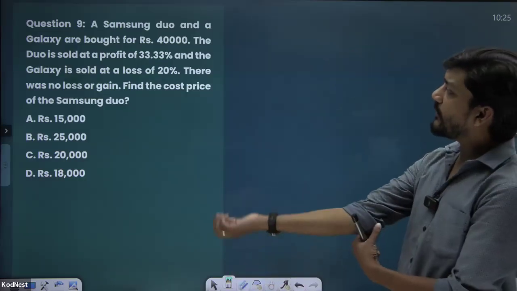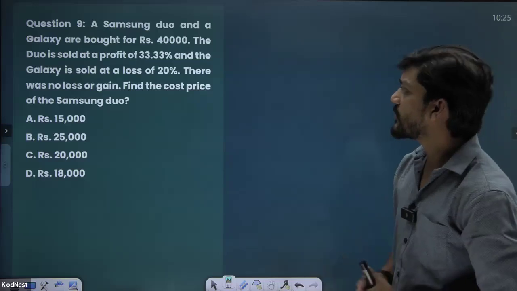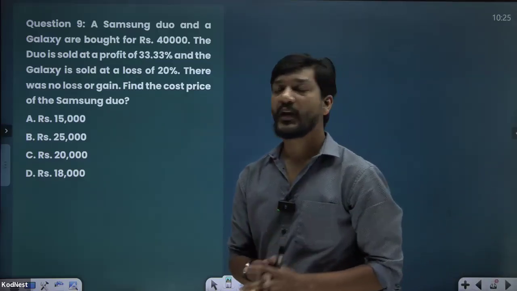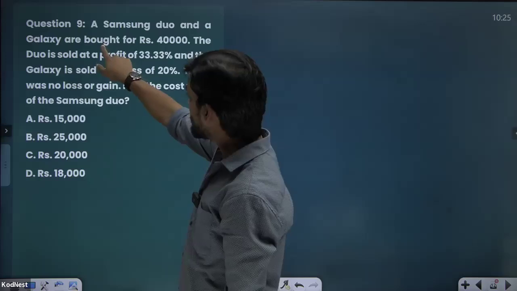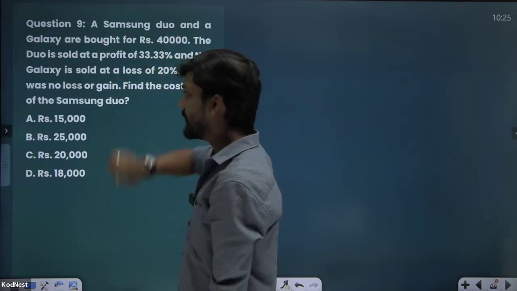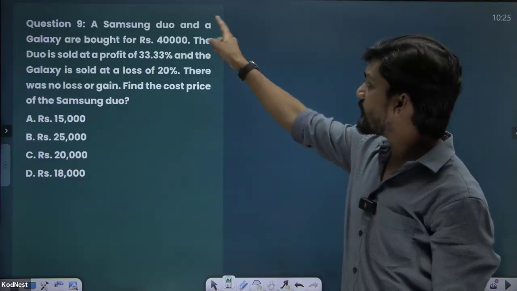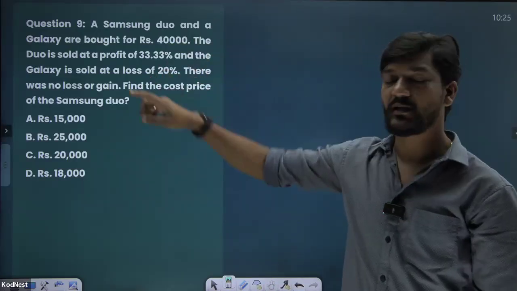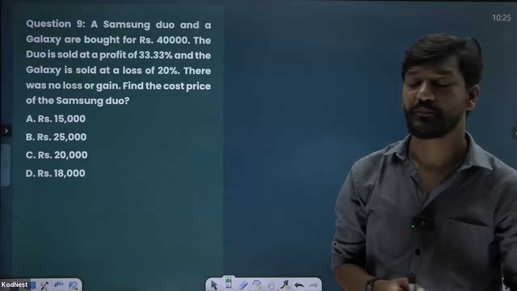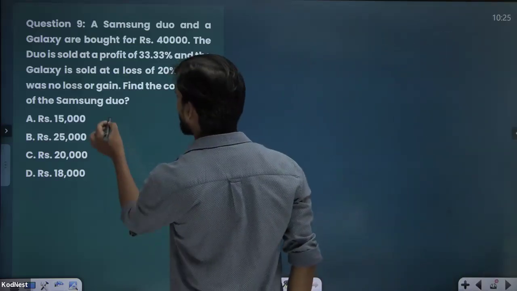Again we have two products. One is Samsung Duo, one is Galaxy. And overall we have purchased them for 40,000 overall. So it is not the cost of Samsung Duo, it is not the cost of Galaxy, it is the overall cost. Let me write this.